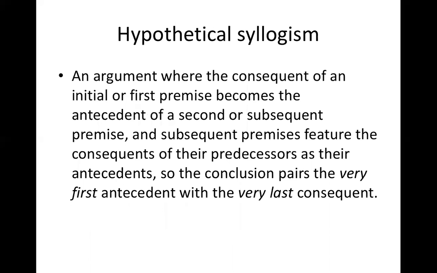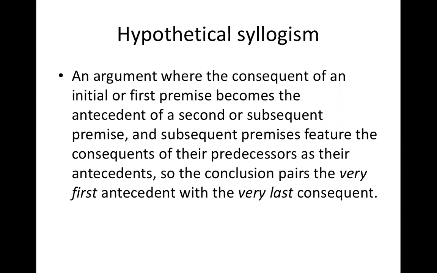Then we have hypothetical syllogism. So we have seen modus ponens and we've seen modus tollens. And we saw the fallacy of modus ponens, we saw the fallacy of modus tollens. Now, we are looking at another kind of deductive reasoning. This one is called hypothetical syllogism.